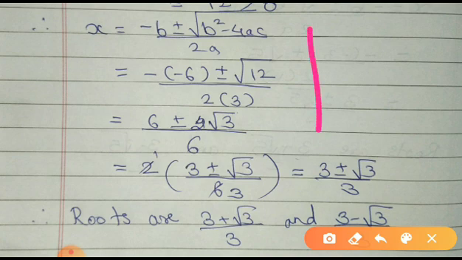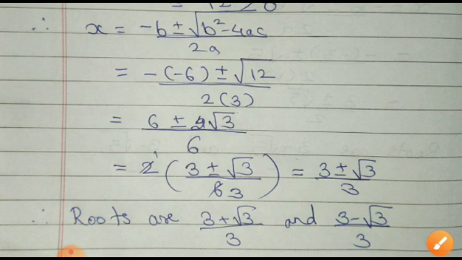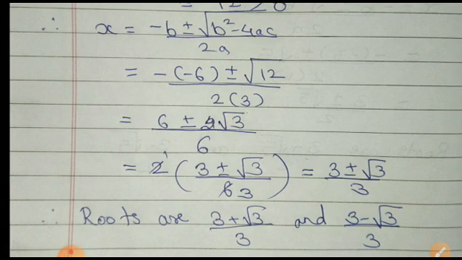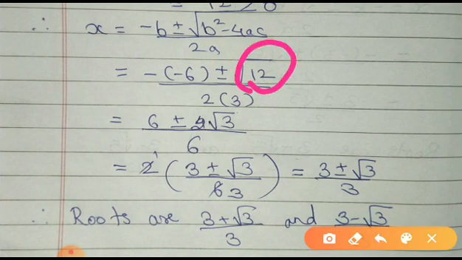No need to do the rest. So substitute the values. I'll get minus of minus 6 plus or minus root 12. Now for root 12, whenever a number is in a square root, see whether I can express that number as a product of a perfect square and another number.